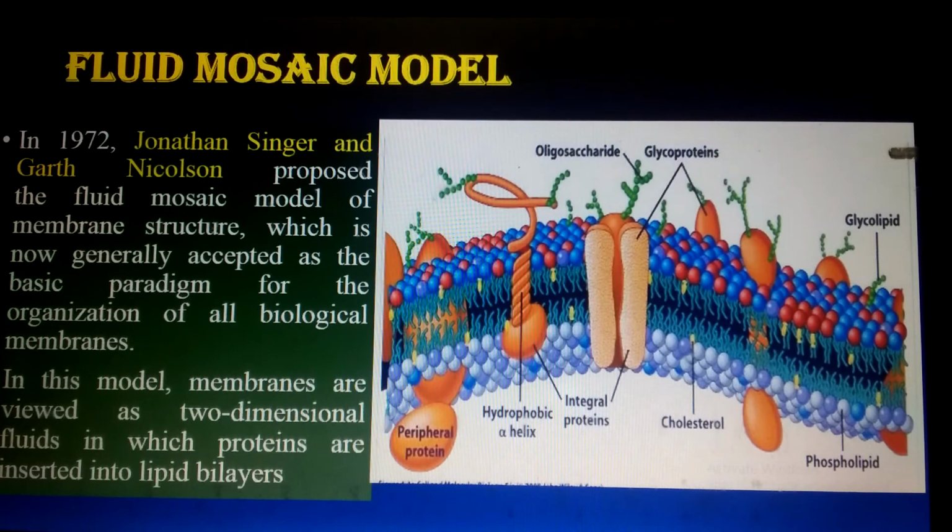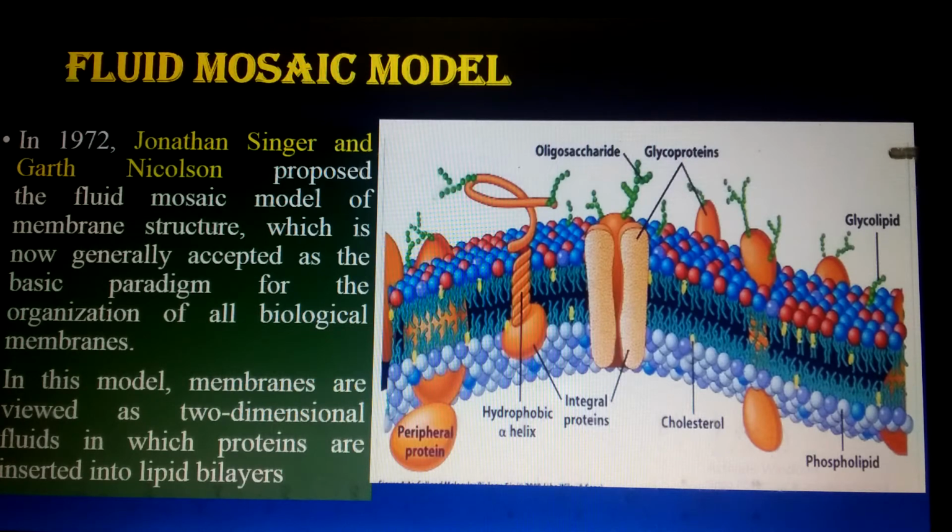The fluid mosaic model was proposed in 1972 by Singer and Nicolson. They proposed the fluid mosaic model of the membrane structure, which is now generally accepted as the basic paradigm for the organization of all biological membranes.